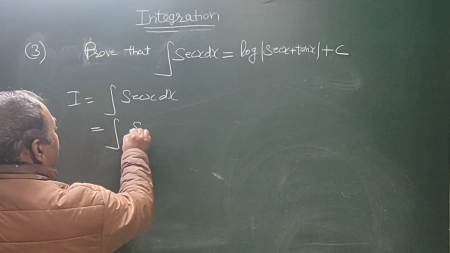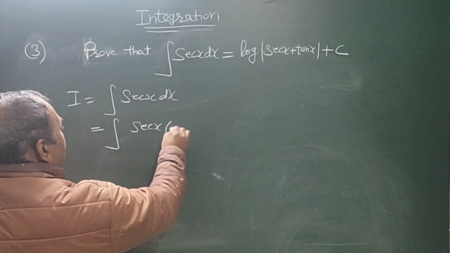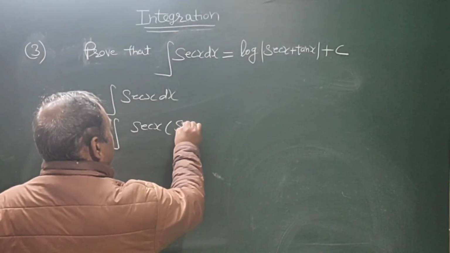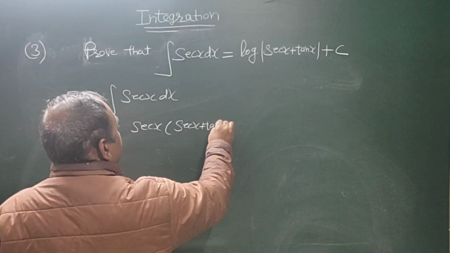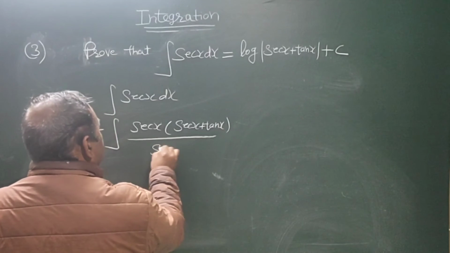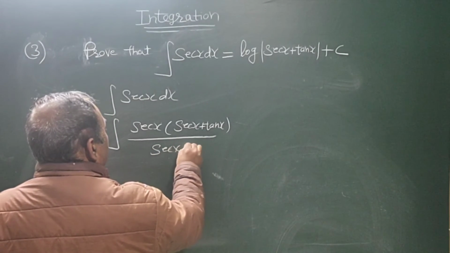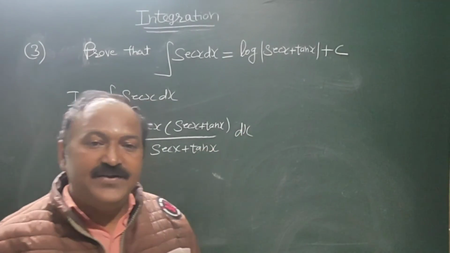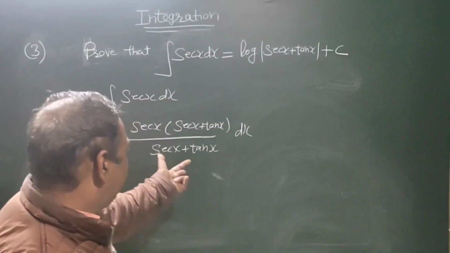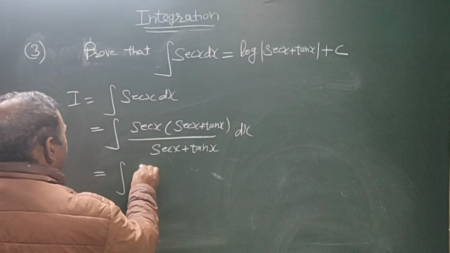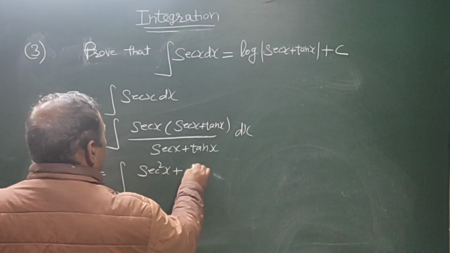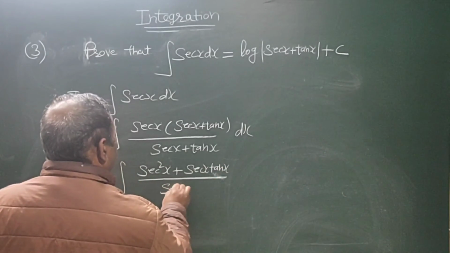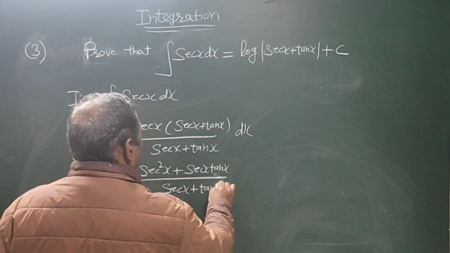Therefore, multiplying and dividing numerator and denominator by secant x plus tan x, this question becomes secant square x plus secant x into tan x divided by secant x plus tan x into dx.